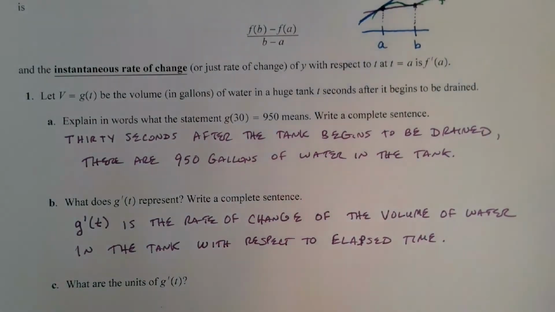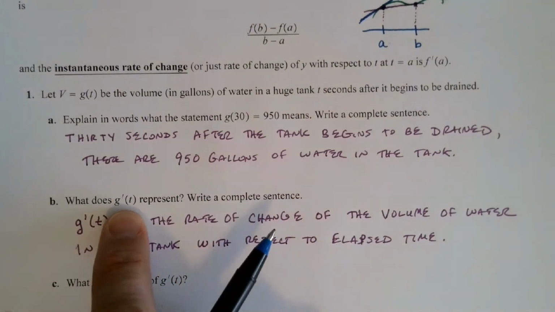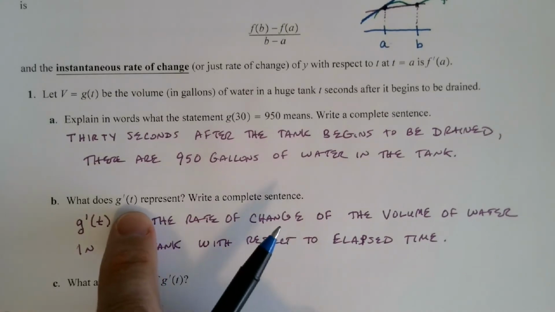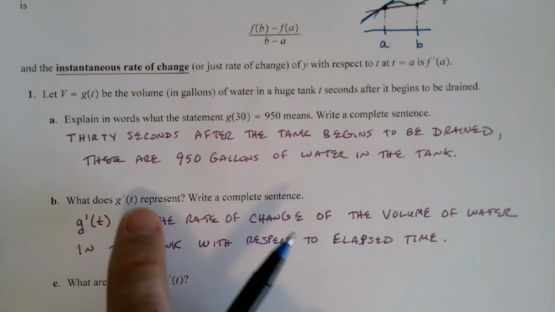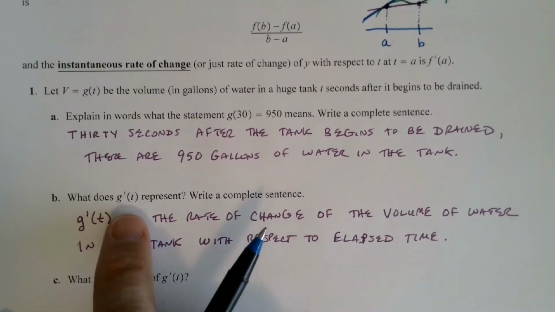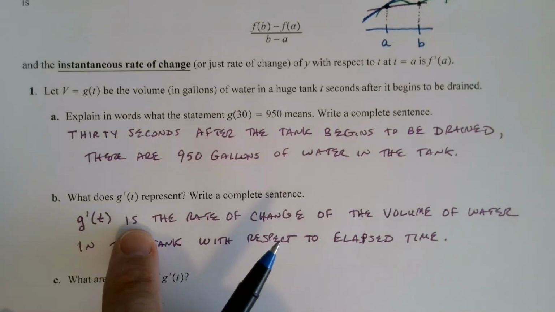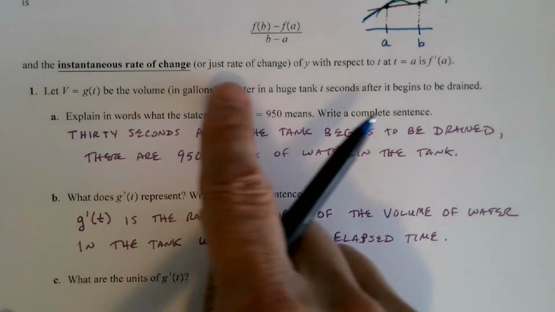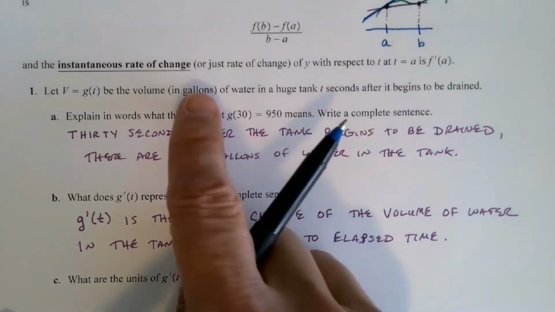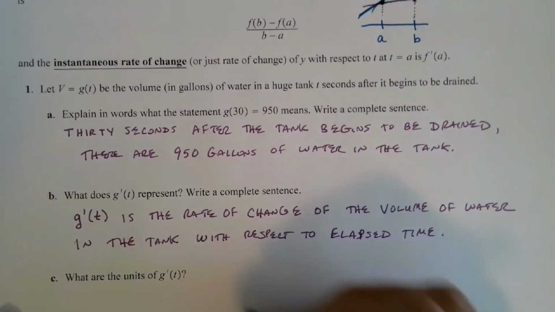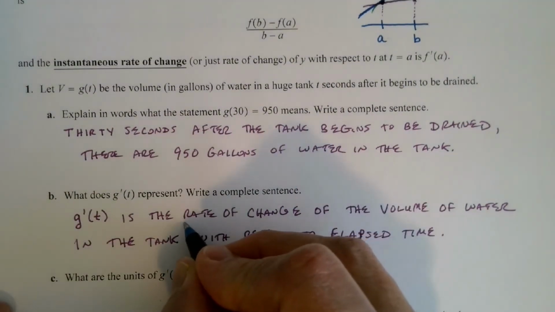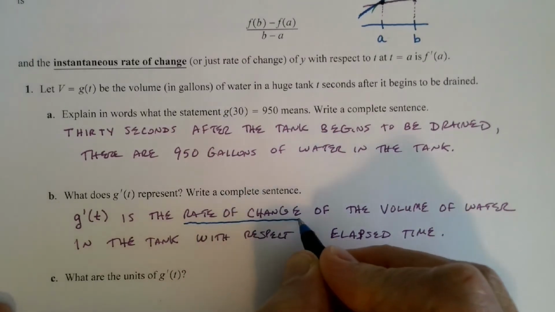And so the key is, anytime I ask, explain with words in a complete sentence what the derivative represents, I don't want you to say g prime of t is the derivative of g with respect to t. That's not what I'm asking for. All right. I'm asking for this interpretation, right? What it indicates in the context of the problem. And key to that is you've got to have the rate of change here.